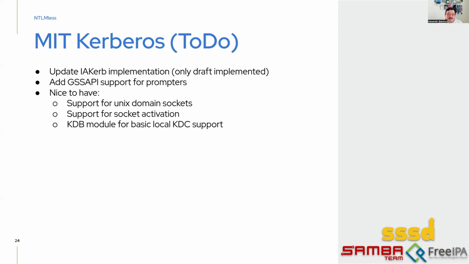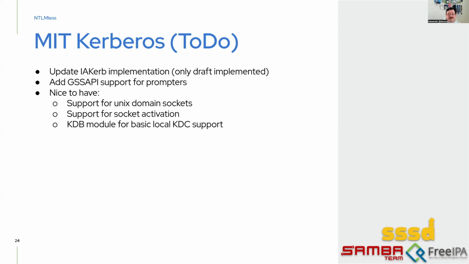There's just a copious amount of time that we all have. What would be nice to have in MIT or in Heimdal eventually is the ability to run over Unix domain sockets instead of IP, TCP or UDP.